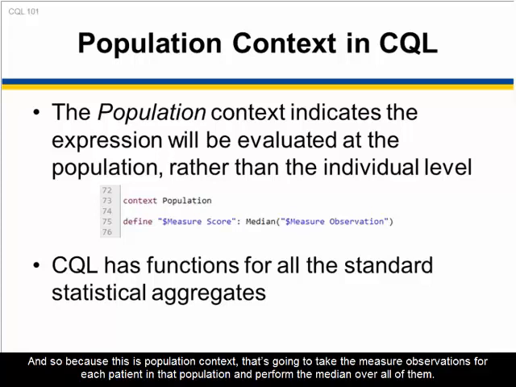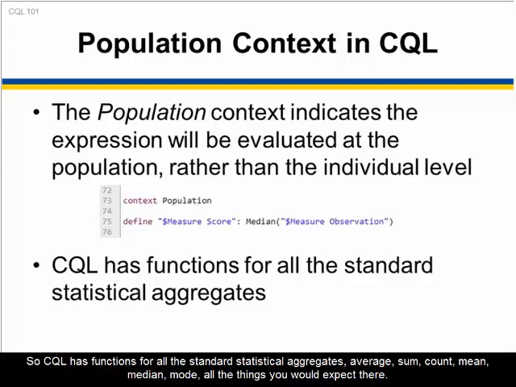And so because this is population context, that's going to take the measure observations for each patient in that population and perform the median over all of them. So CQL has functions for all the standard statistical aggregates: average, sum, count, mean, median, mode. All the things you would expect there.